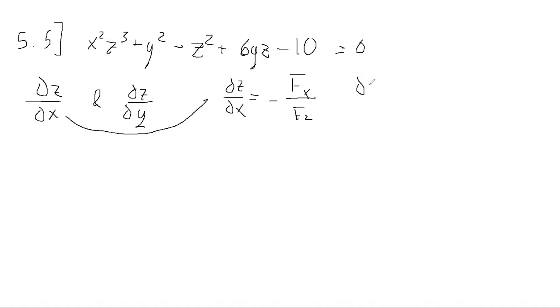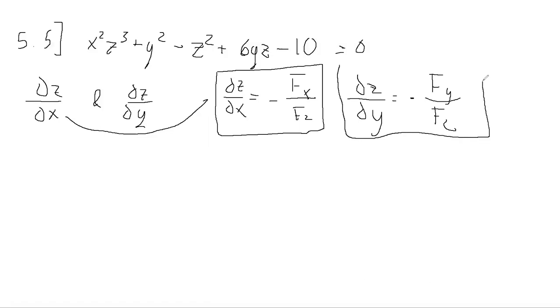And then your partial derivative of z with respect to y is going to be negative f of y over f of z. So this is something you've got to keep in mind. This is implicit differentiation formula 2 for 5.5.